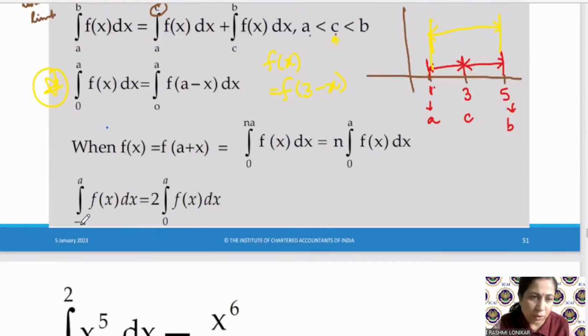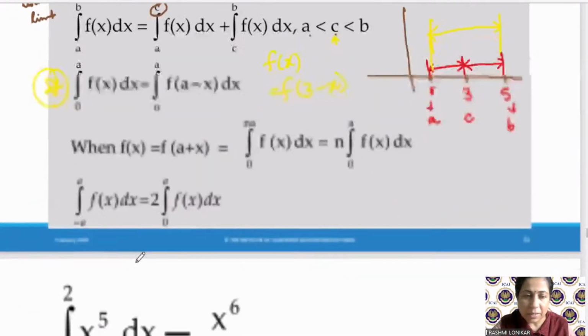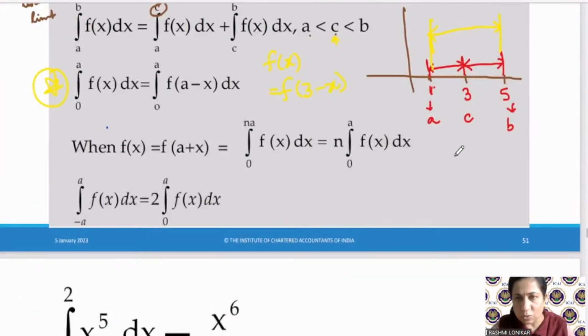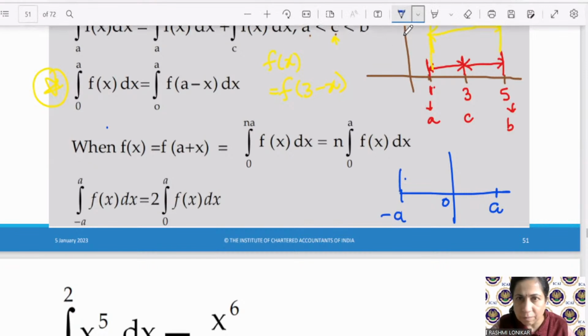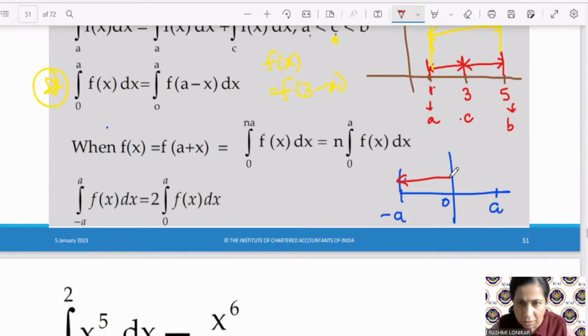And suppose I go from minus a to plus a. Here what was happening is I'm going from a to b. But here if I'm going from minus a to plus a, this is my 0, this is my a, and this is my minus a. Then it says that integration from here to here will be equal to integration from here to here.